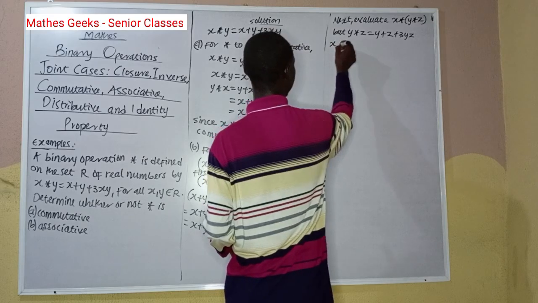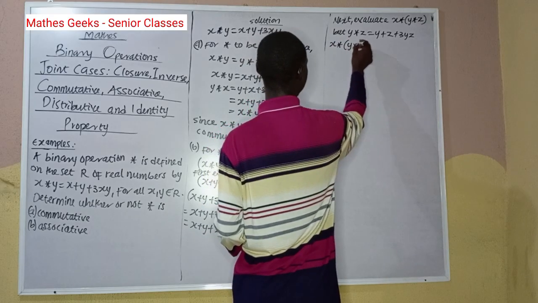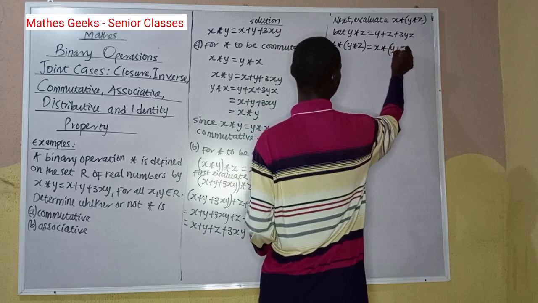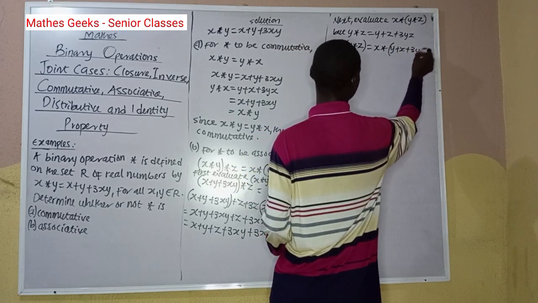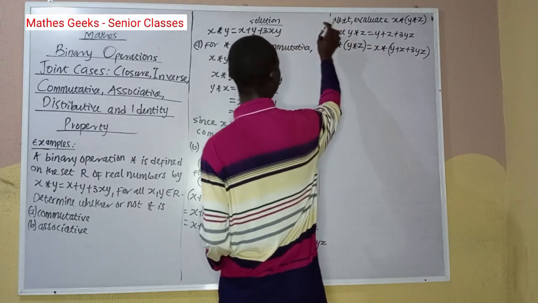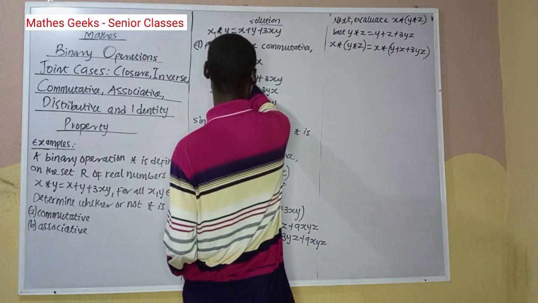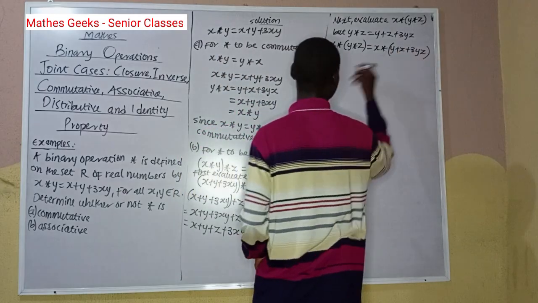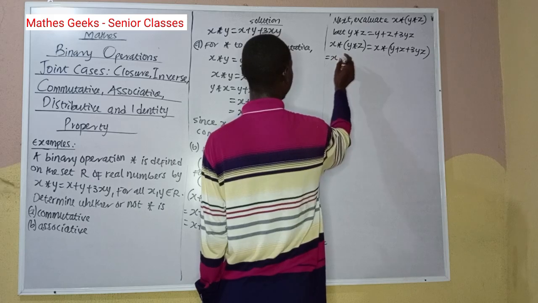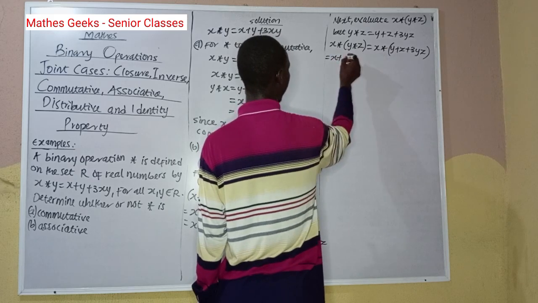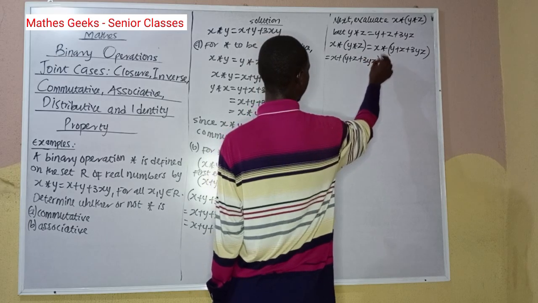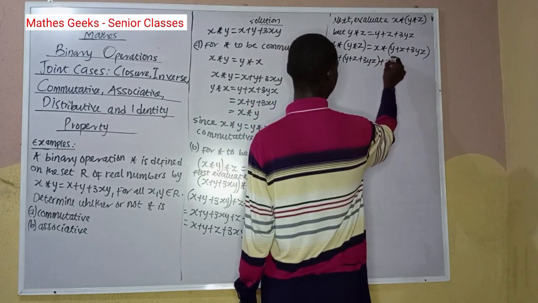So x star y star z is equal to x star y plus z plus 3yz, where our x here from our general rule of combination is x and our y is this whole bracket. So let's continue. So this is equal to x plus y, which is y plus z plus 3yz, then plus 3.